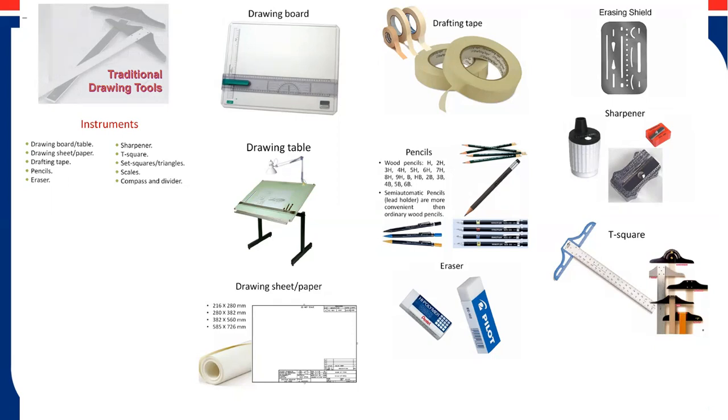Next, the sharpener and a good quality eraser are also required. Don't purchase things which may dirty your drawing sheet. So avoid that; try to use a good quality eraser.